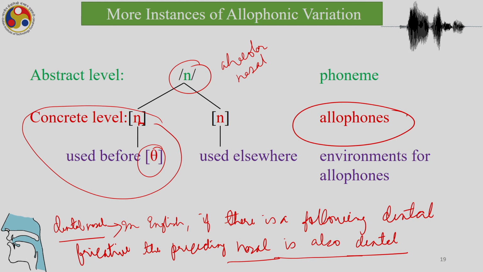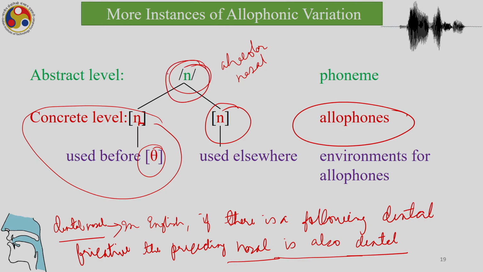Now, what about the alveolar nasal then, which we thought is alveolar nasal, and we never talked about the dental nasal in our classes before. So now we know that if this underlying abstract nasal, which is most probably alveolar, it can change its place depending on its environment, and we have seen one environment.